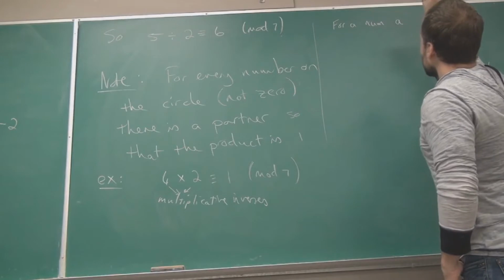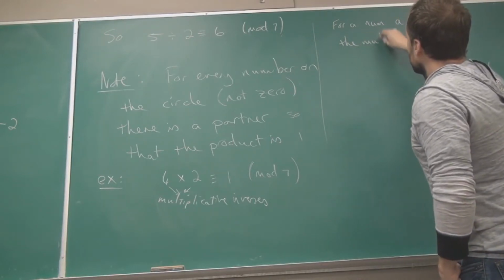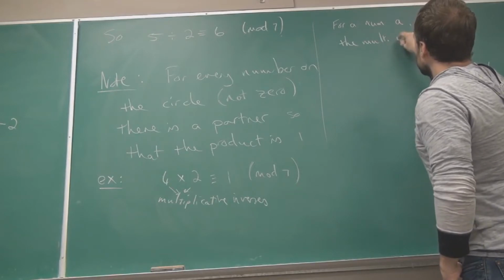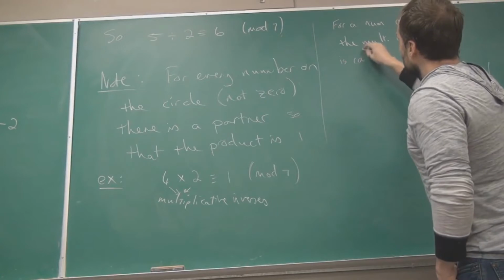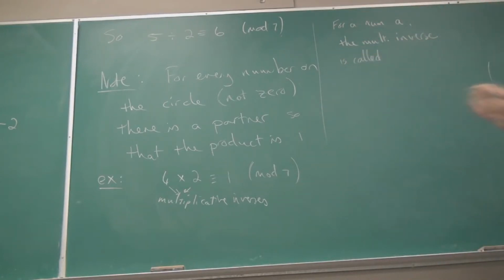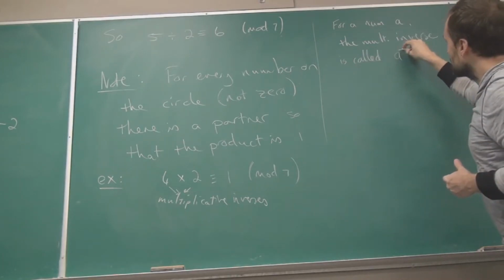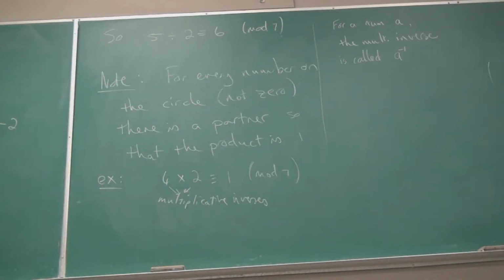For a number, let's call it A, the multiplicative inverse is called, before I actually look at my circle, A with a little -1 superscript. It's just a name.